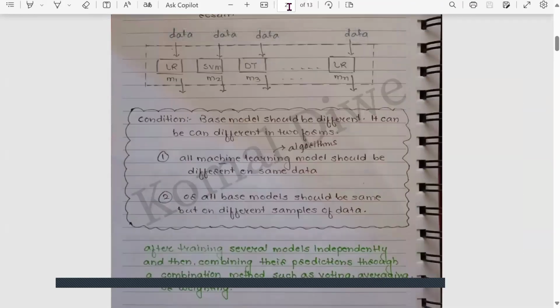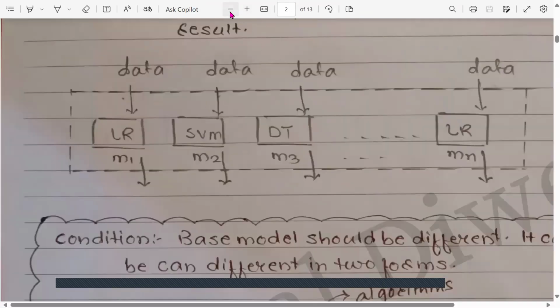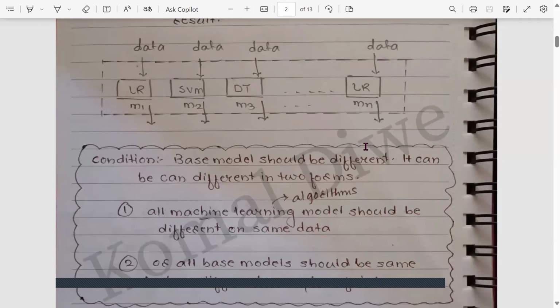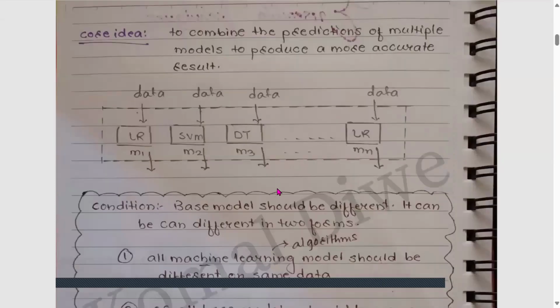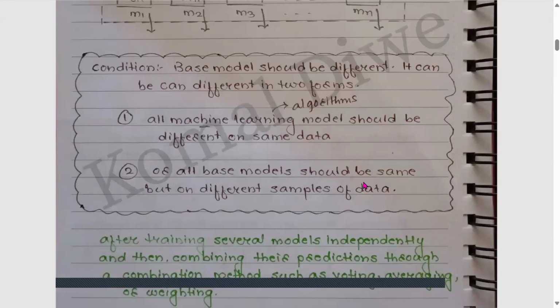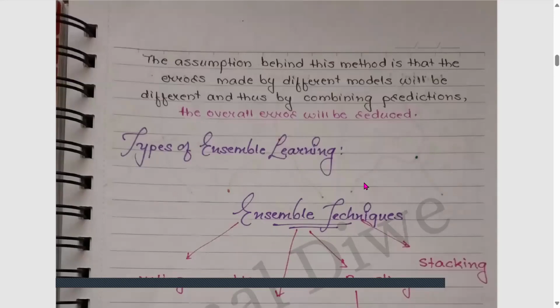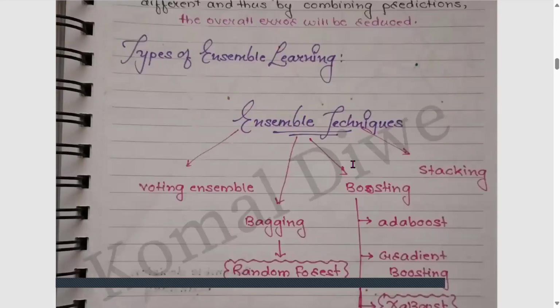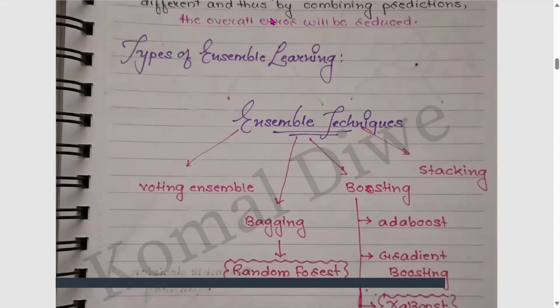As last time we had covered up to this point, further I am going to continue with the types of ensemble learning. In today's lecture, I am going to cover the types of ensemble learning.